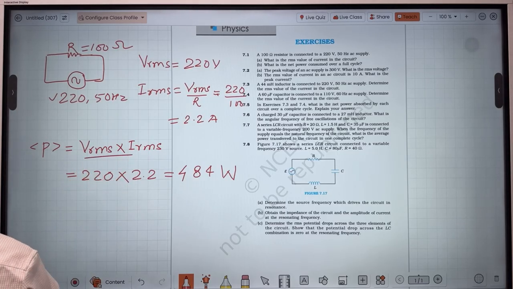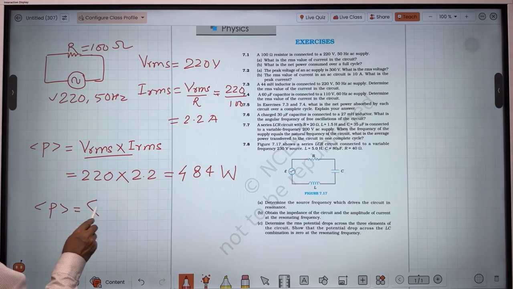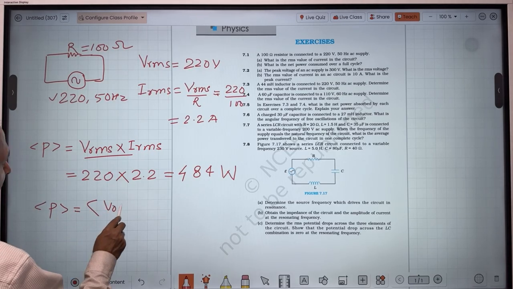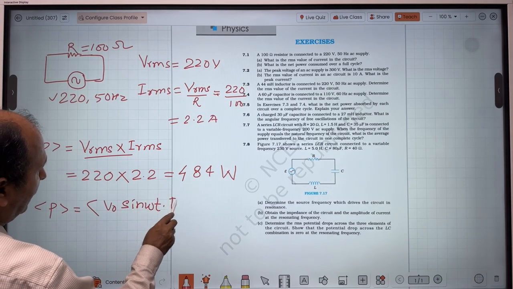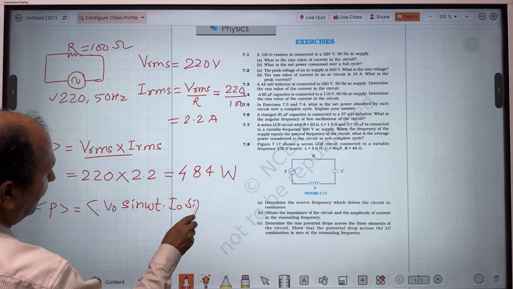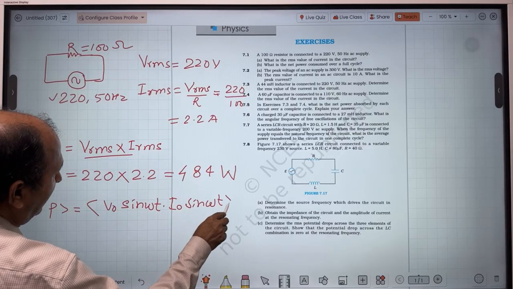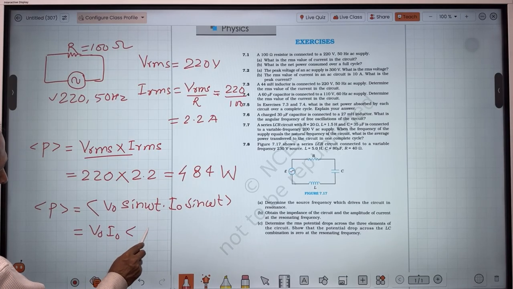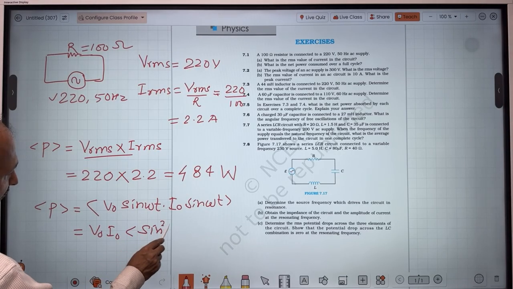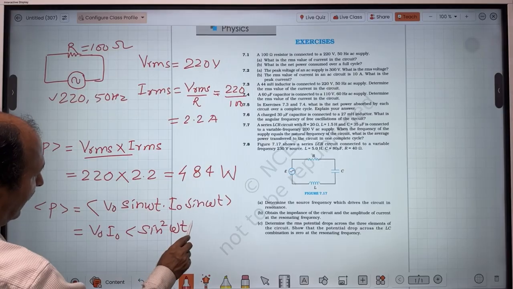If you have doubt why this, let's recall it. I told you that average power is equal to VI, and VI is given by V0 sine omega t into I0 sine omega t. Right? Then V0 and I0 we keep outside, and this becomes sine square omega t.